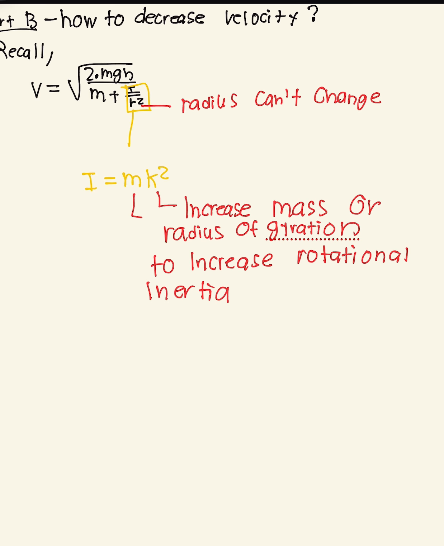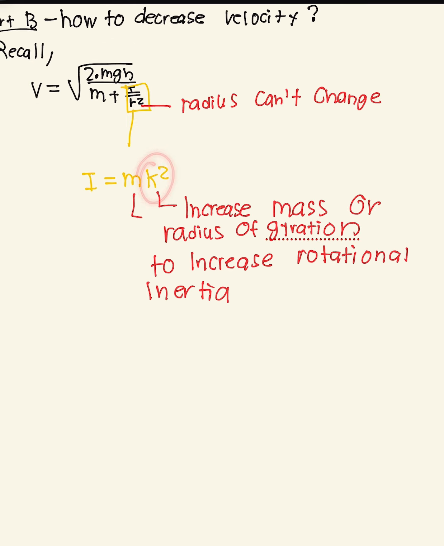The second thing we can do is to increase the radius of gyration, and this is going to increase the rotational inertia, which is going to increase the denominator, and it's going to decrease the velocity.